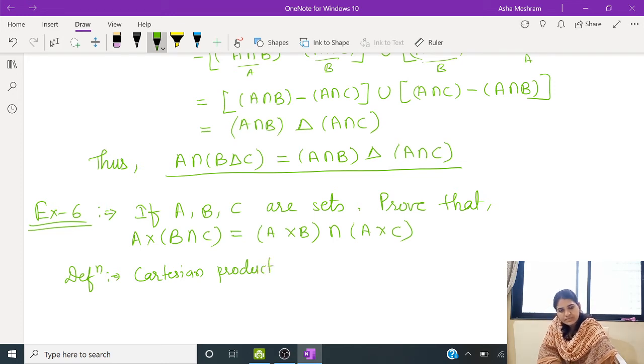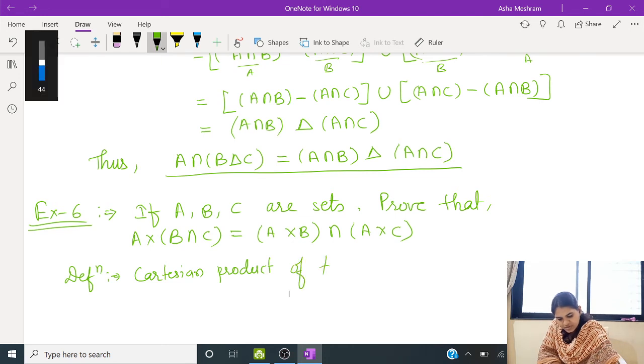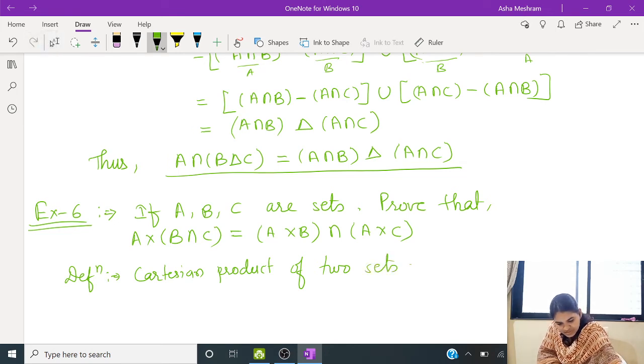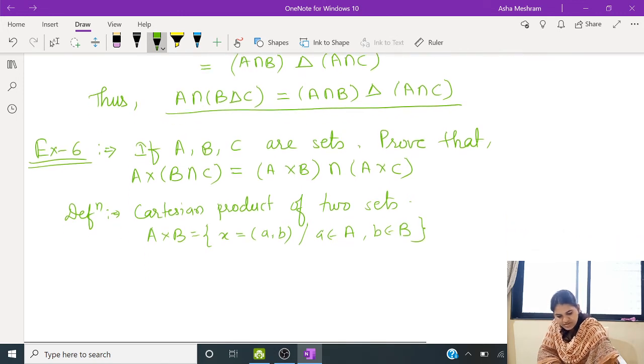The Cartesian product of two sets, A cross B, contains all x in the form of ordered pair (a, b), such that a belongs to A and b belongs to B. So this was the definition.